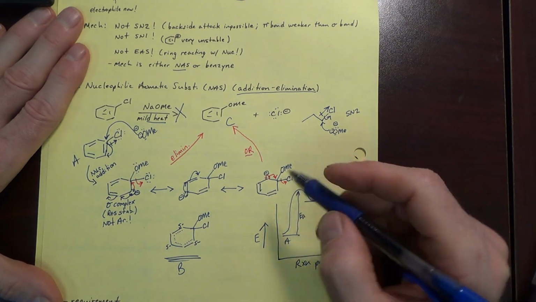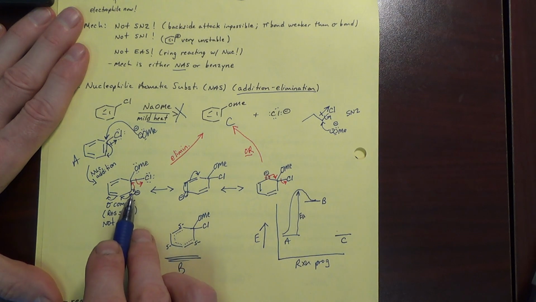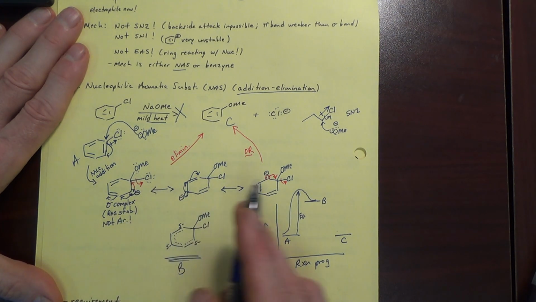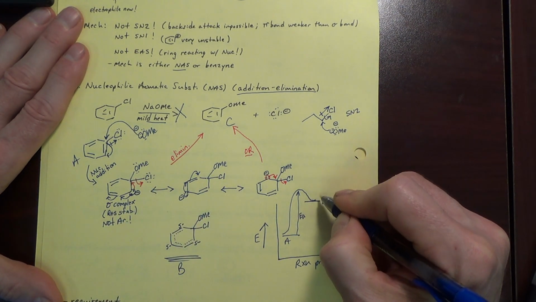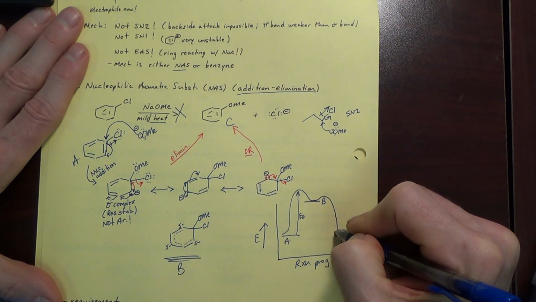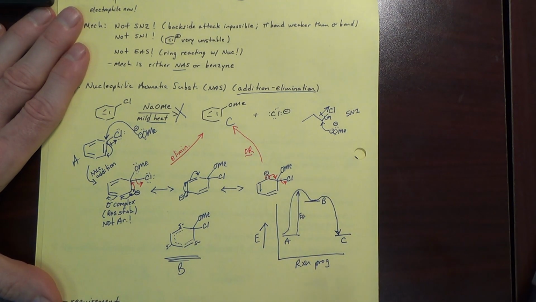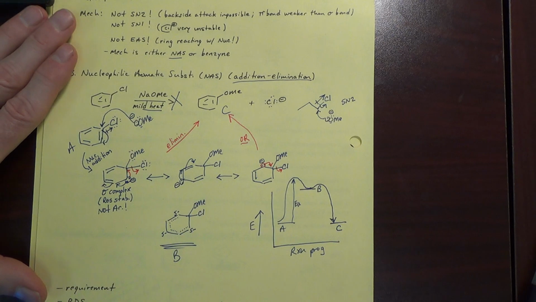Next step is expelling that leaving group. Anytime you make a pi bond and kick off a leaving group, that's pretty easy. It's not going to take much activation energy, just a little, and we get back to the energy level of the product.